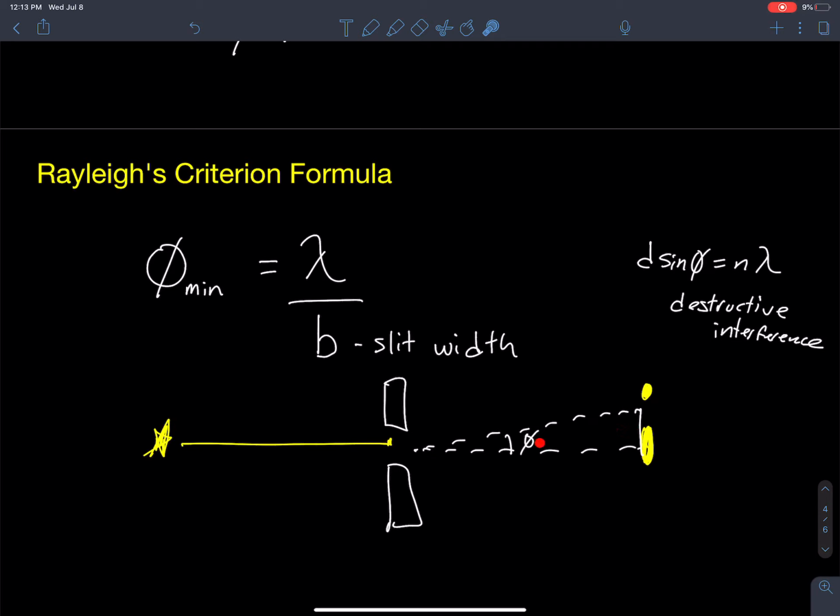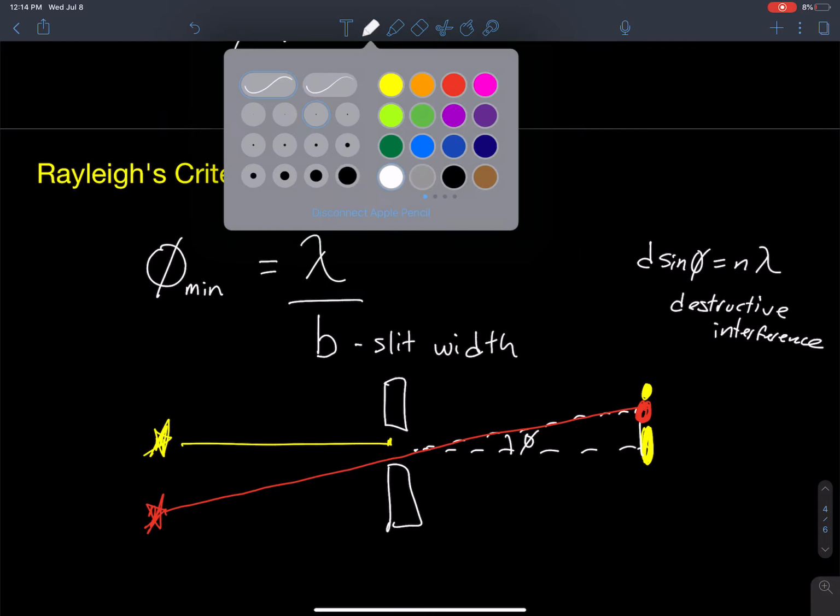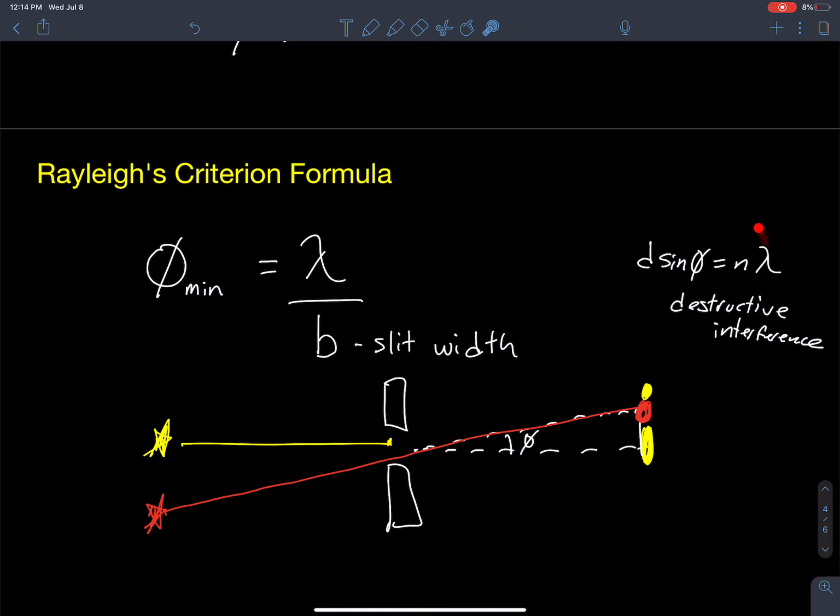And that angle is what Rayleigh was talking about. The angle that the other star, so let's make it red, has to be at, so that its central maximum can be right in the first order minimum. So this angle that we just calculated using this formula is that angle based on geometry rules.